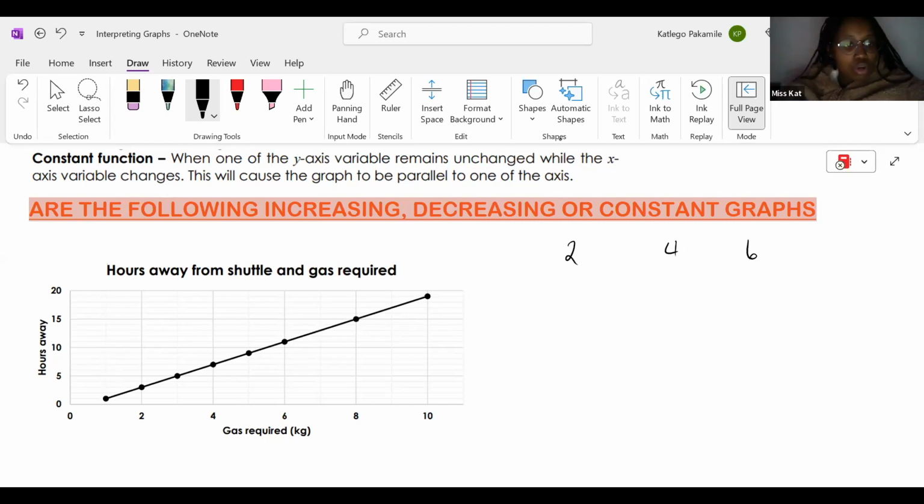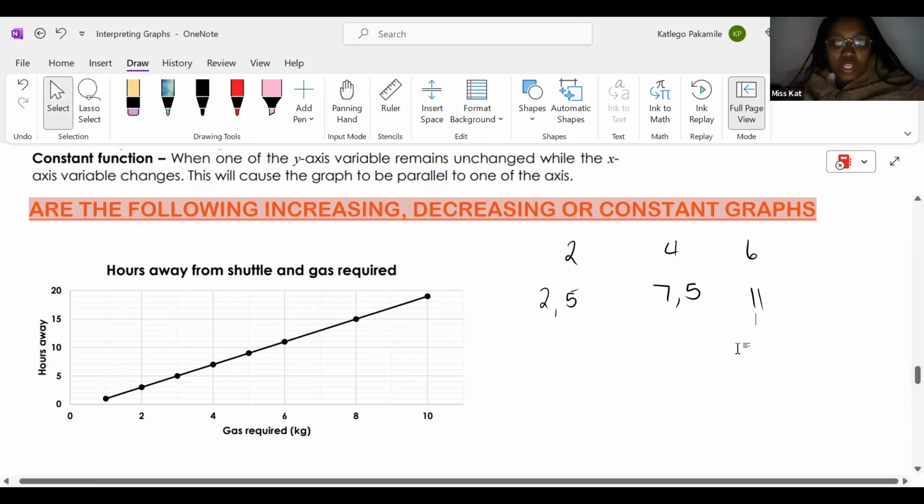Maybe 2.5 hours a day, sorry. Then at 4, we are up to maybe 7.5. And then at 6, we are up to just after 10. So maybe 11. These points are increasing, guys, right? And remember the proportion. They said when one increases, the other increases.